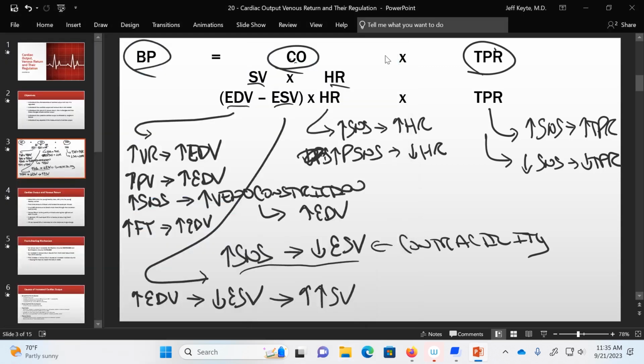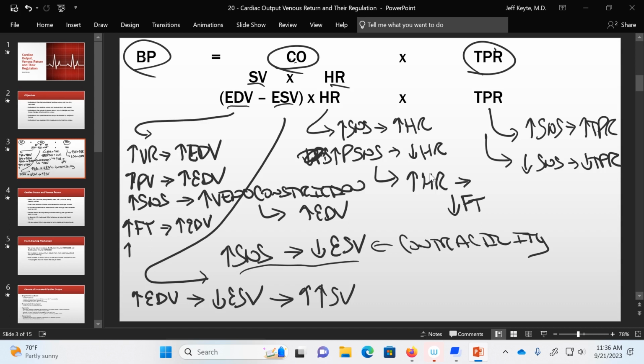But that also means that, here, let's put this over heart rate. As heart rate increases, filling time decreases. Okay, do you get that? If the heart's beating faster, it has less time to fill.